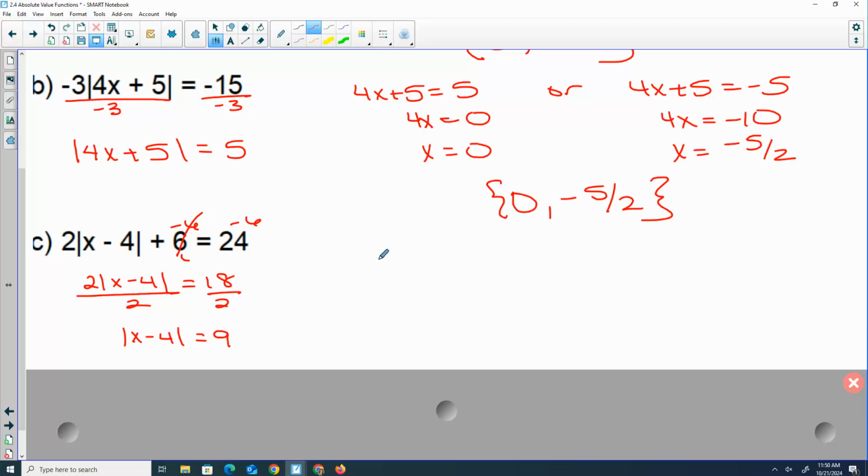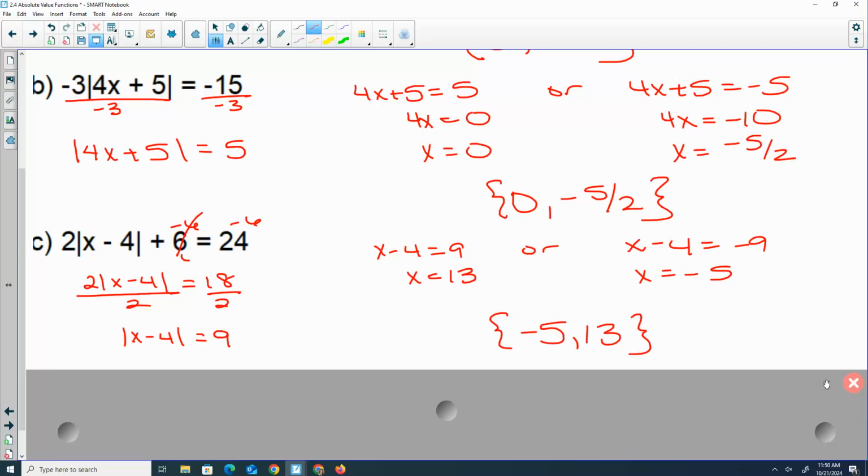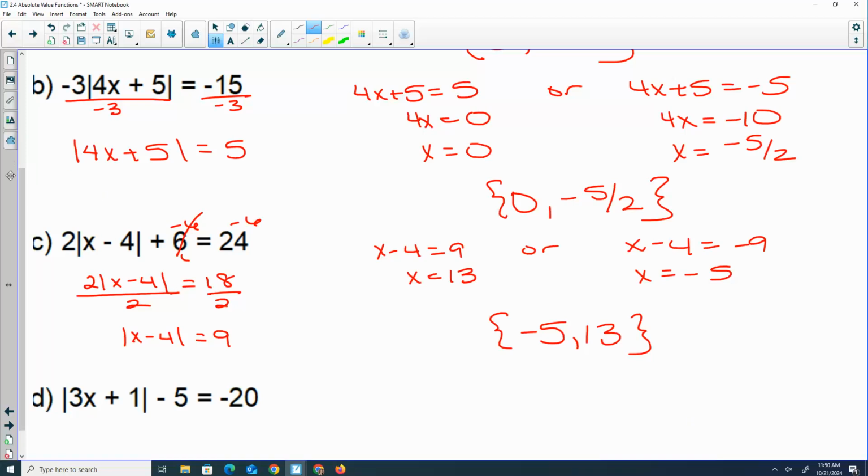Subtract your 6 and divide by 2. So did you guys get the absolute value of x minus 4 equals 9? So that could mean x minus 4 is 9, or x minus 4 could be a negative 9. If you add your 4 over, you get 13 and negative 5. And you could write those in a solution set if you wanted. What about this one?